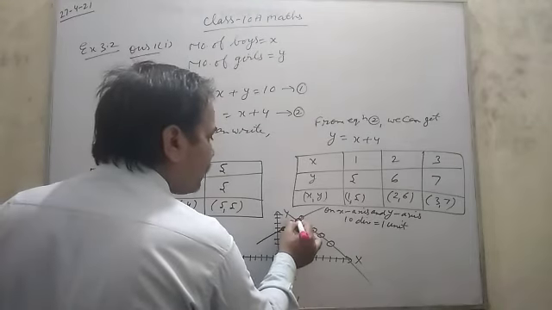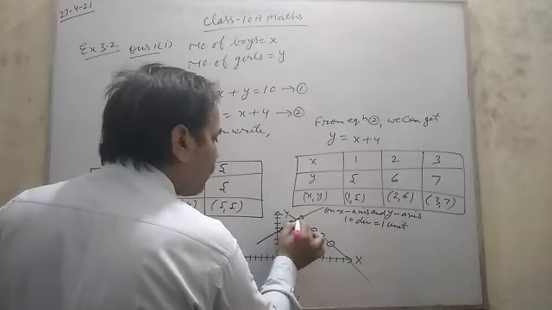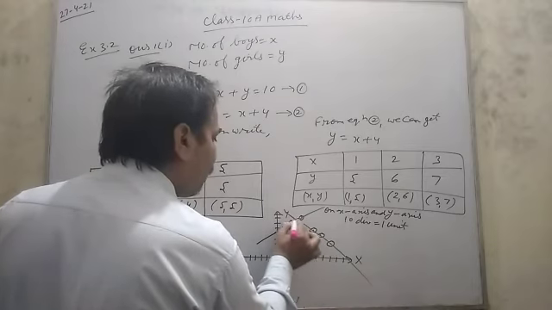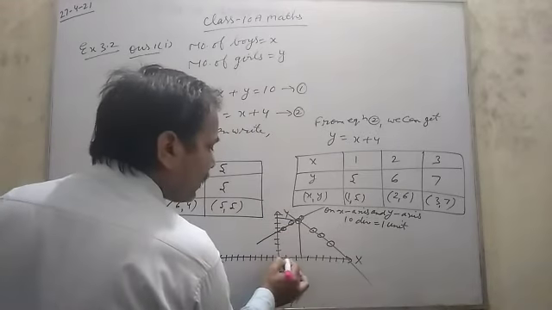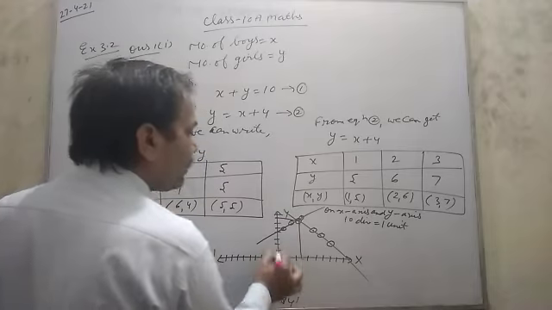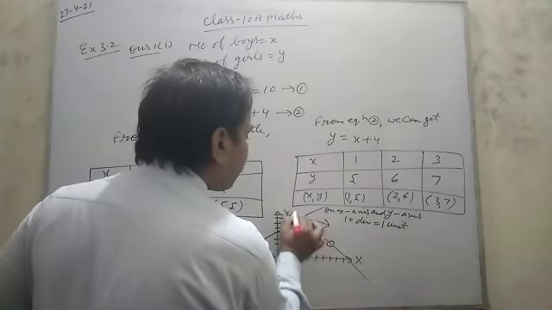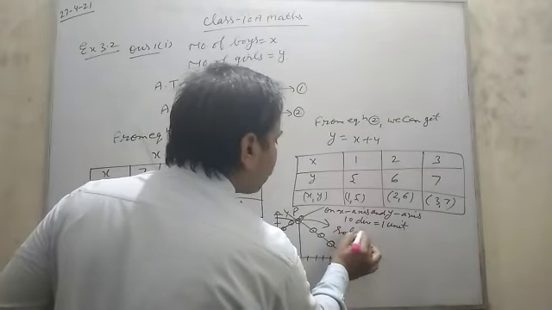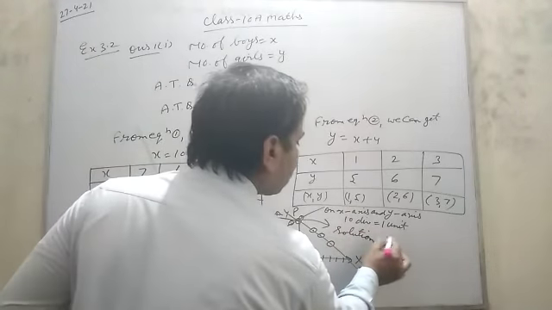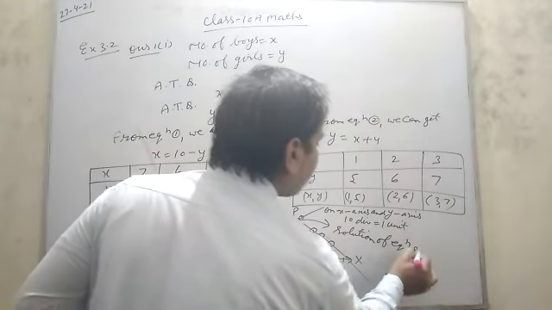From that point you draw perpendiculars on the x axis and y axis, then count what it is on the x axis and y axis. So this will be the solution. Suppose this point is P. This is the solution of the equations.